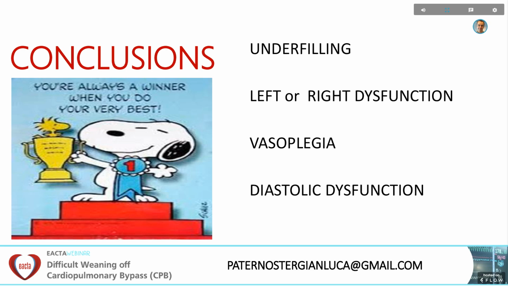Don't forget vasoplegia, and start thinking about arginine vasopressin, vasopressin in this setting. Don't forget diastolic dysfunction, in particular in a patient after aortic valve replacement.